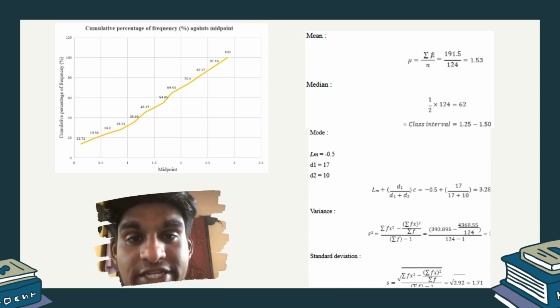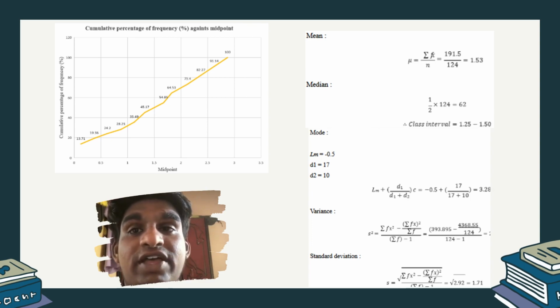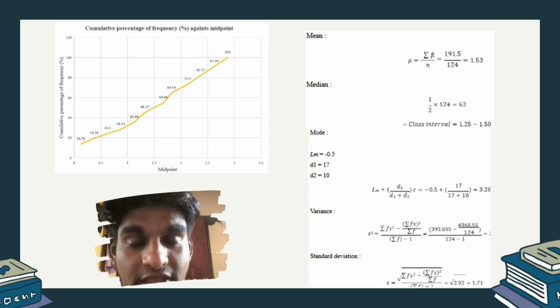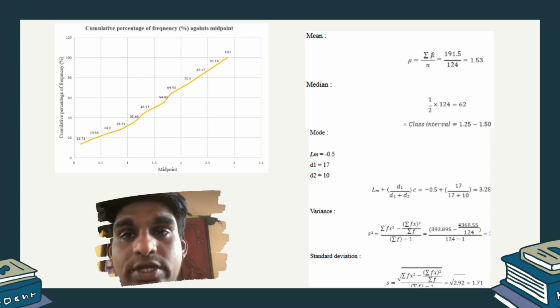Now the variance. For variance, we're also using a formula. The formula is s squared equals the sum of fx squared minus the bracket sum of fx, squared over the sum of f, all divided by the sum of f minus 1.